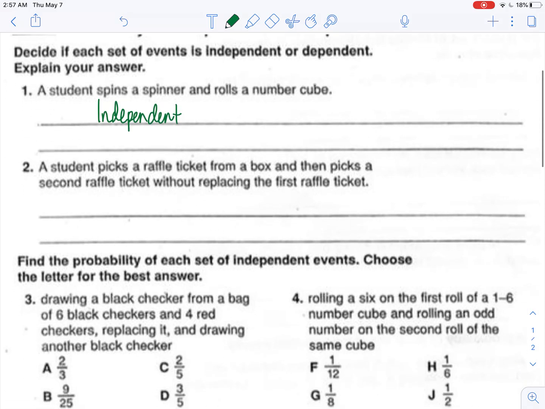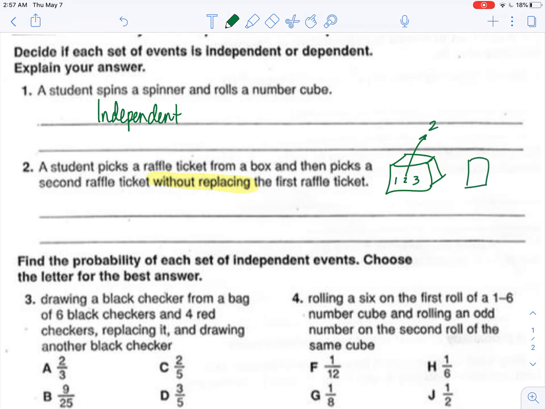All right. Now, if I've got a student picking a raffle ticket from a box, then picks a second raffle ticket without replacing, the most important words you can see here are without replacing. So maybe I had 3 names in a box, and I pick out a 2.